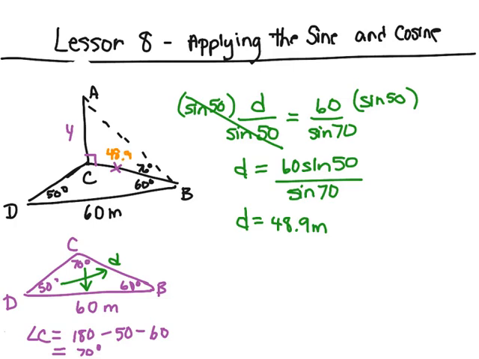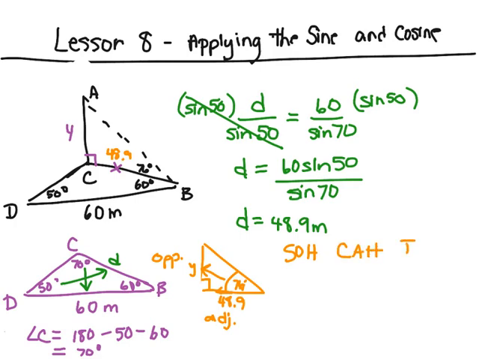So now we just have one right triangle. And when we have right triangles, we can use the primary trigonometric ratios. So this is 48.9. We want to find X, or Y, whatever, let's call it Y. So from our angle, the side opposite is Y. The side adjacent is 48.9. And we'll remember SOH CAH TOA. So the side that has an O and an A is our tangent ratio. So we're going to use tangent.